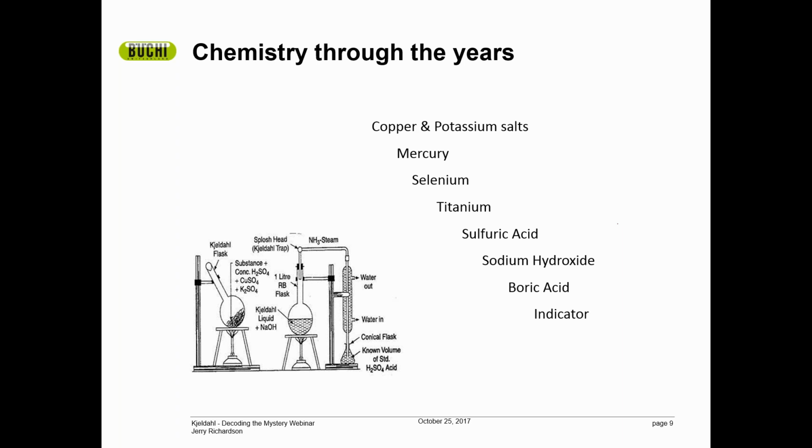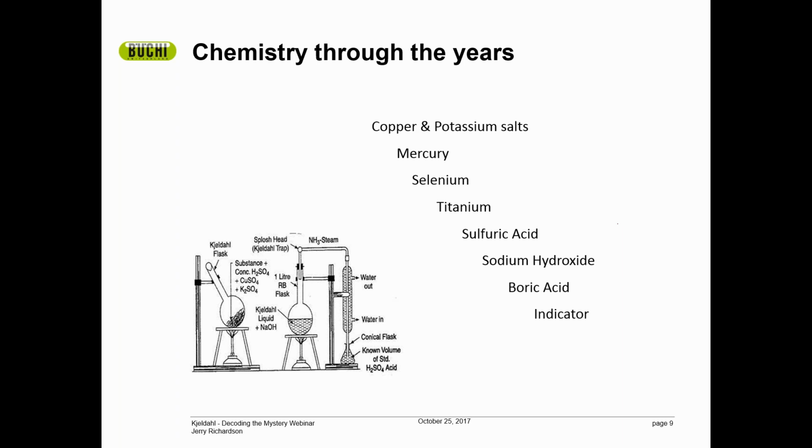Sulfuric acid is the most common digestant. Some people use a combination blend, but for our discussions today, we're going to talk about using a complete digestion utilizing a concentrated sulfuric acid. Sodium hydroxide is commonly used for the alkalization of the sample once we get to the distillation stage.